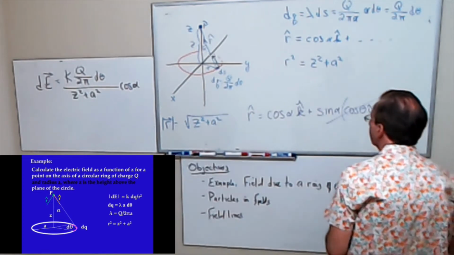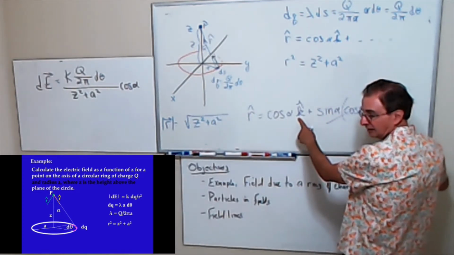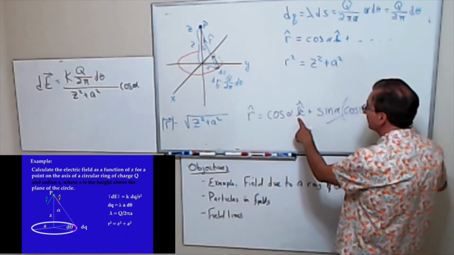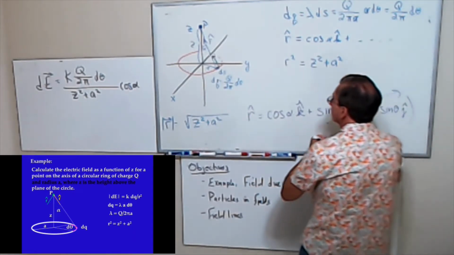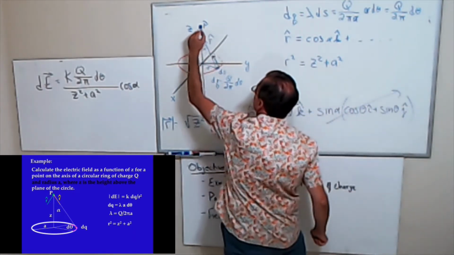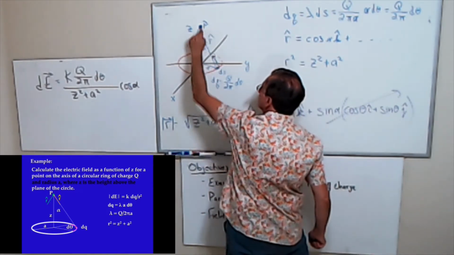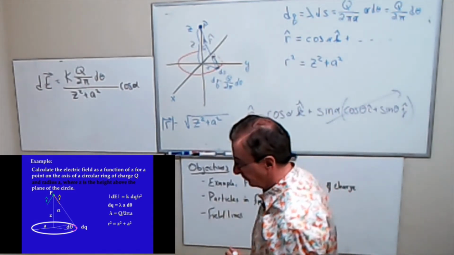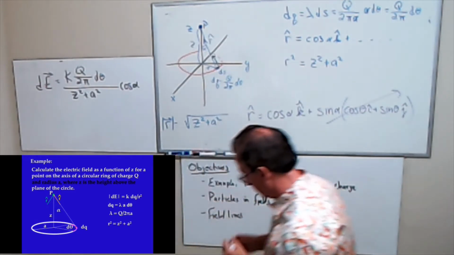Okay, where are you talking? Okay, so the i hat here, k hat here, and j hat here. Okay, as you're asking the question. This is r hat. Okay. This is the z component.